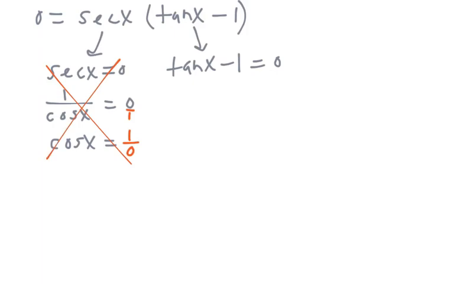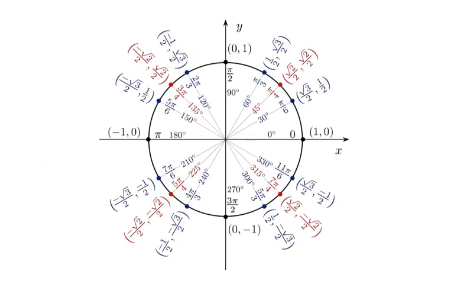So tangent x minus 1, we would move the 1 to the other side. And then where is tangent 1? Well, tangent is sine over cosine. So basically, where are x and y the exact same on the unit circle? Let's just take a quick peek here. We're looking for where x and y are the same exact coordinates.